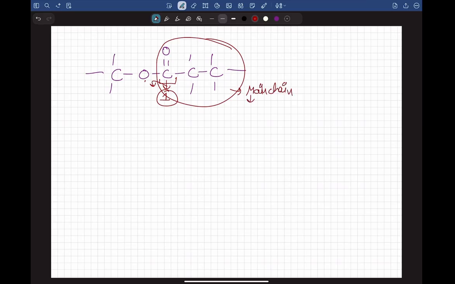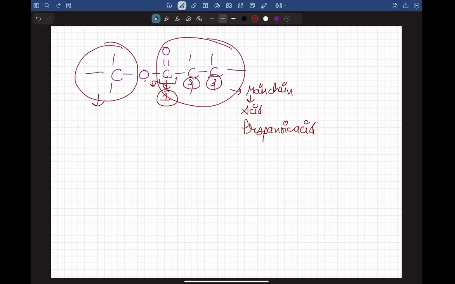And main chain is responsible for the acid. So 3 carbons in the main chain. That means propanoic acid. Then what about this lone sad carbon? Then this must be from alcohol, right? And if it is only 1 carbon, that means it is methanol.